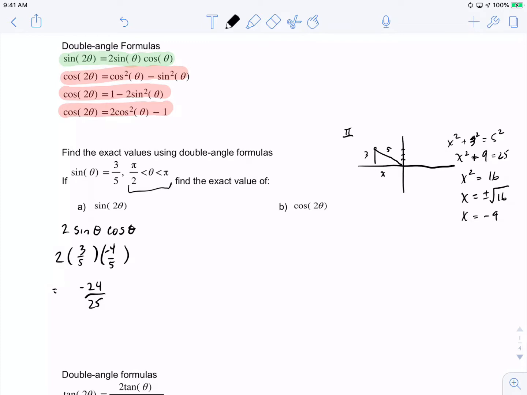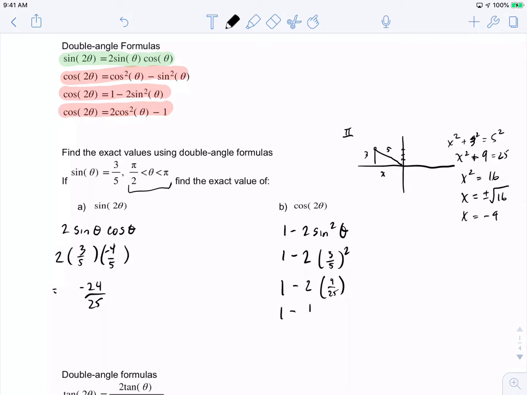Now cosine of 2 theta, since we want to use something that has sine in it and makes it easier, 1 minus 2 sine squared theta is a very useful one, because we already know what sine is. So we're going to go 1 minus 2 times 3 over 5 squared, which is going to give us 1 minus 2 times 9 over 25.